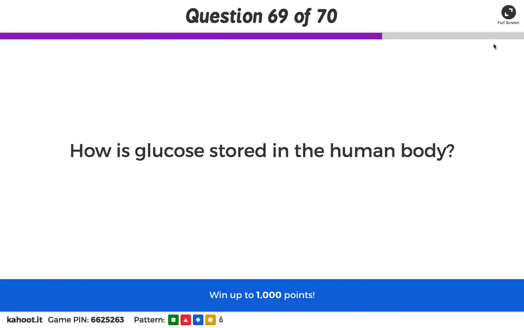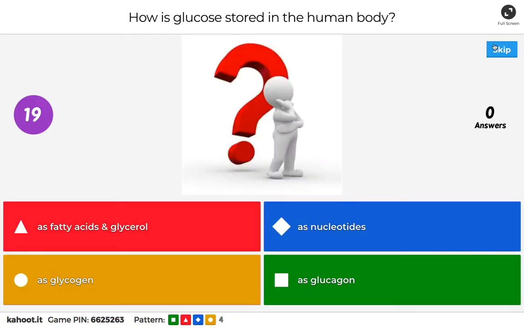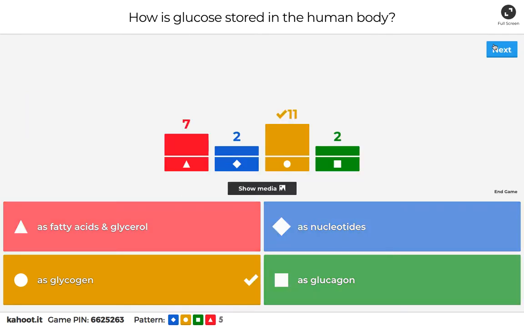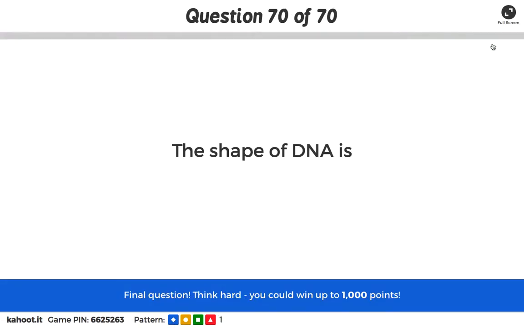2 more. In other words, in what molecule do we store glucose? I just need to review all of these. I need to learn it, not review it. Last one. It is stored as glycogen in the liver. Here we go.